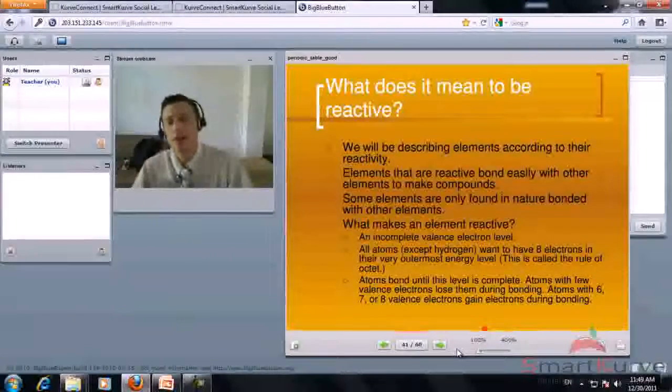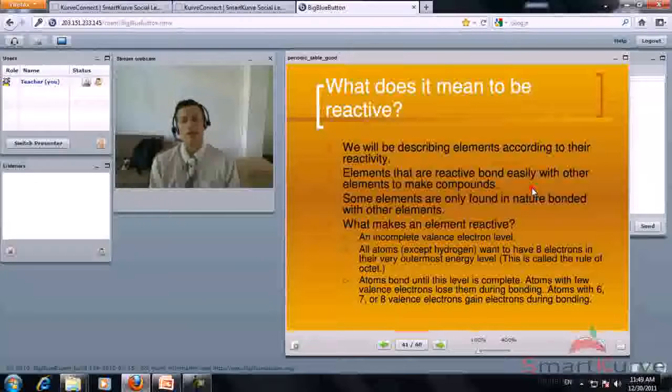What does it mean to be reactive? We're going to talk a lot about reactions, so let's talk about what that means. Elements that are reactive bond easily with other elements to make compounds. Remember, we've talked about compounds before.